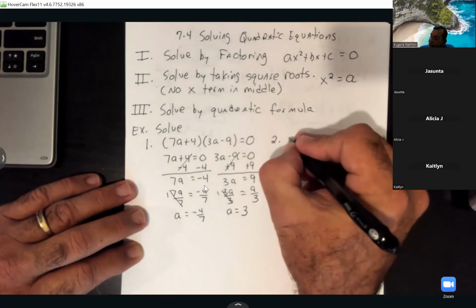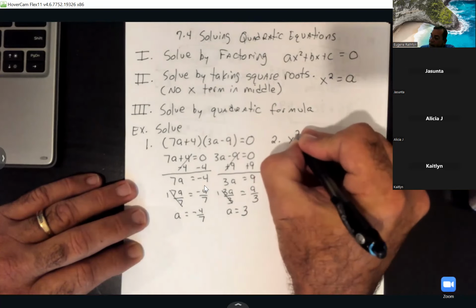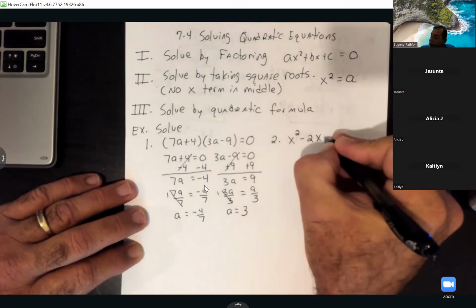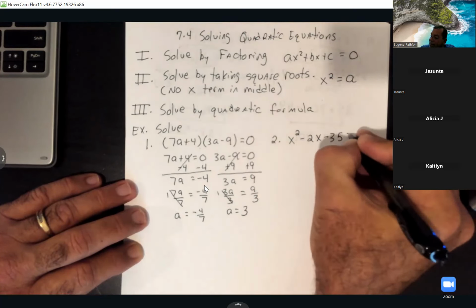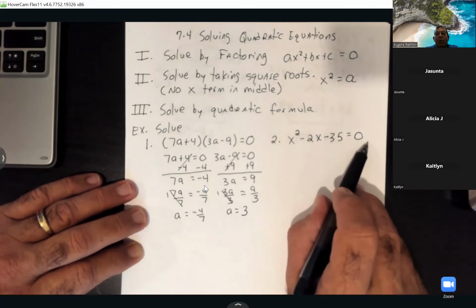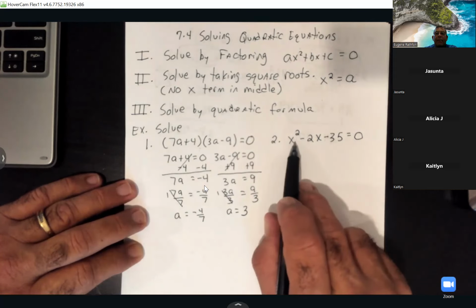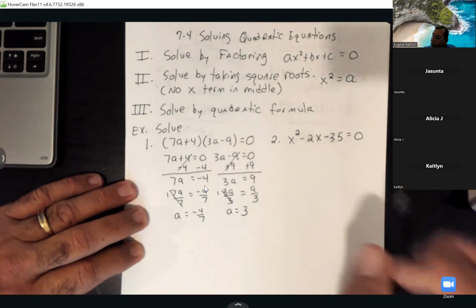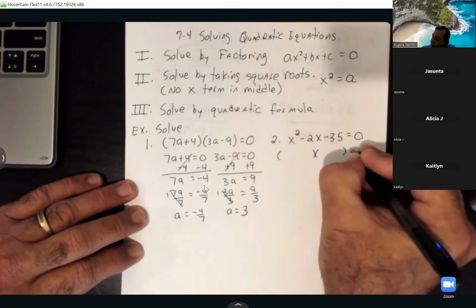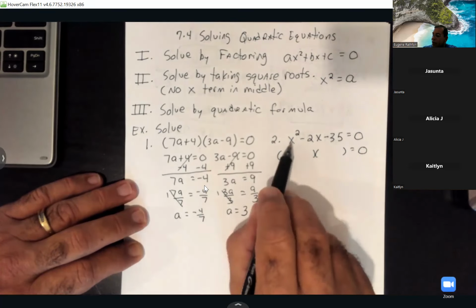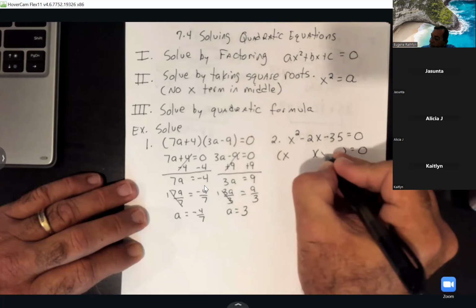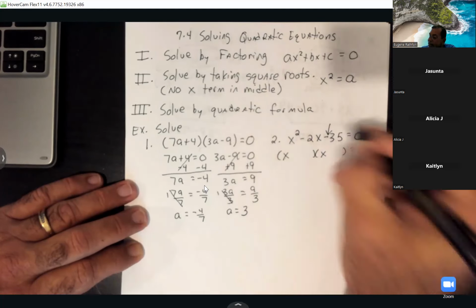Now, number 2 has x squared minus 2x minus 35 equal to 0. So I'm happy I got a 0 on the right side. But notice I got a trinomial over here, so we're going to have to try to factor this. So y'all remember that x squared means I got an x and an x. This last sign is negative.